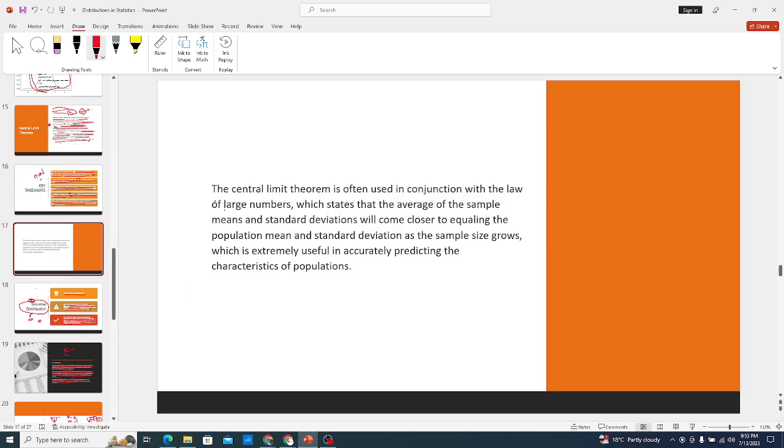Let's see this. It works well with the law of large numbers.